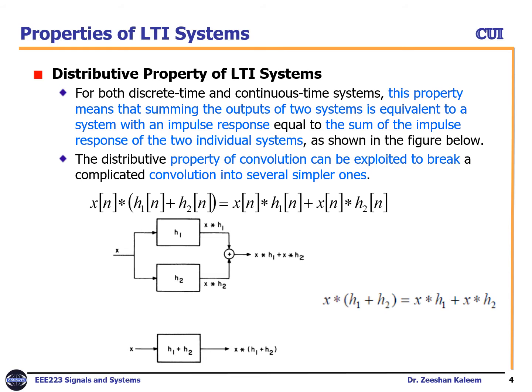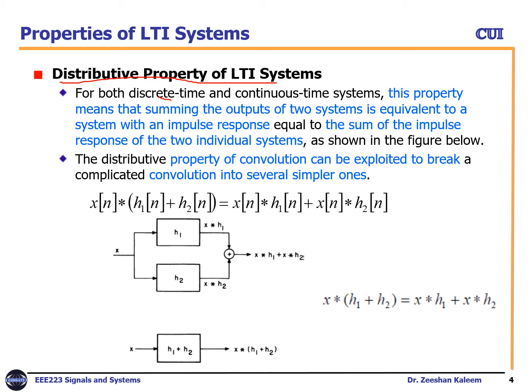The other property is the distributive property of LTI systems. As you already studied in mathematics several times, what is the distributive property? We will apply the same property here for convolution.